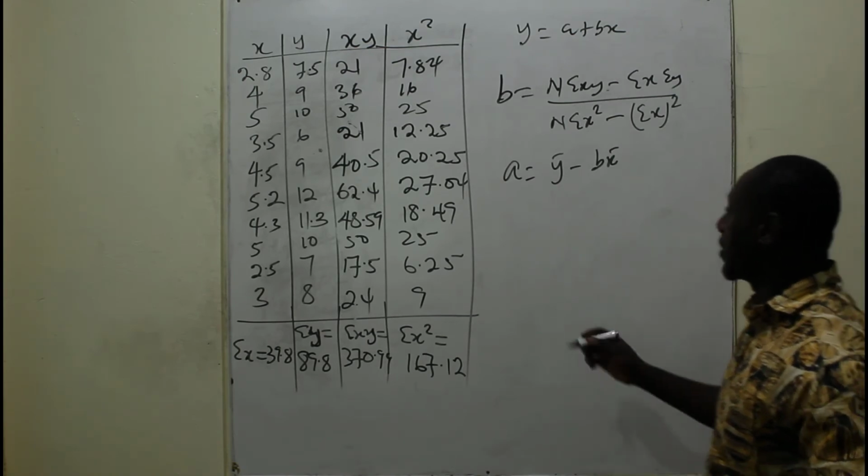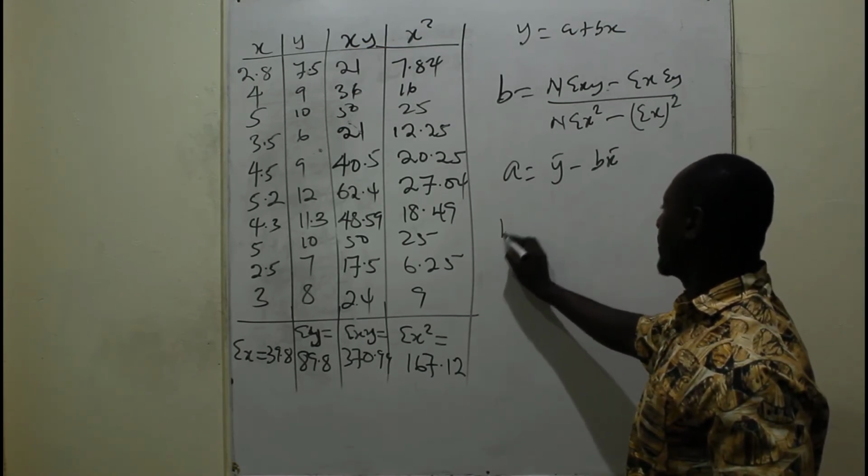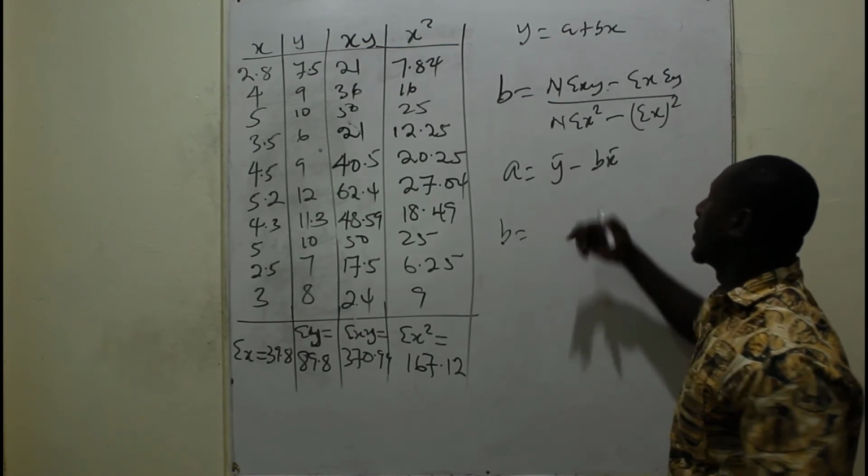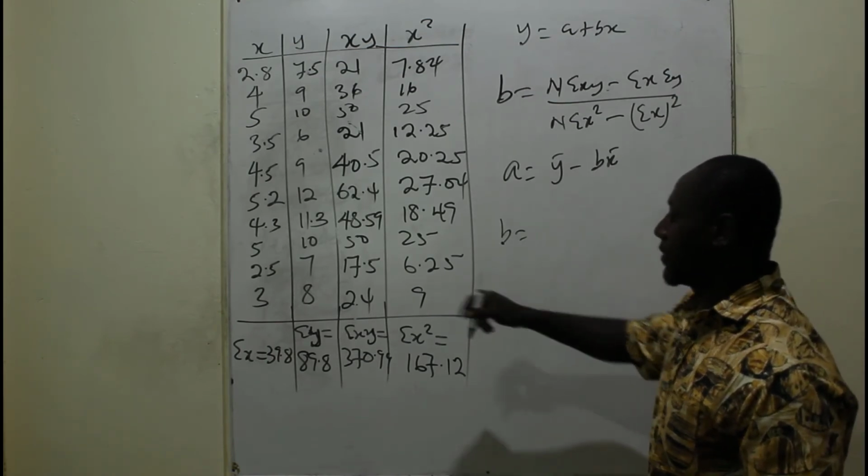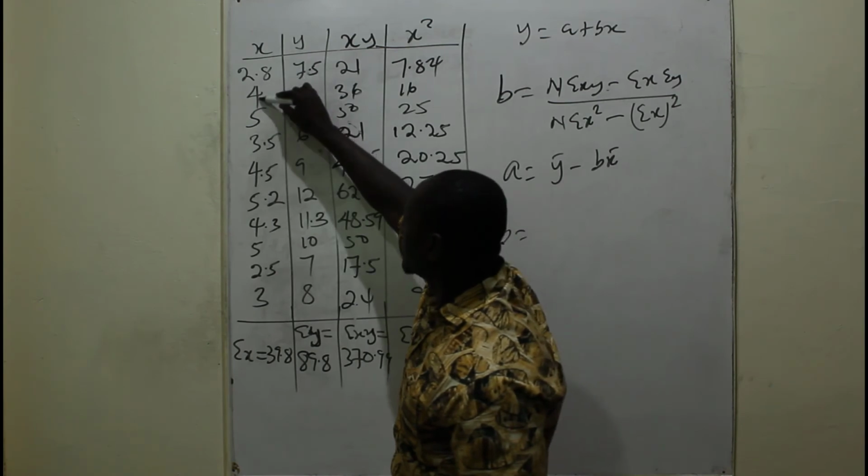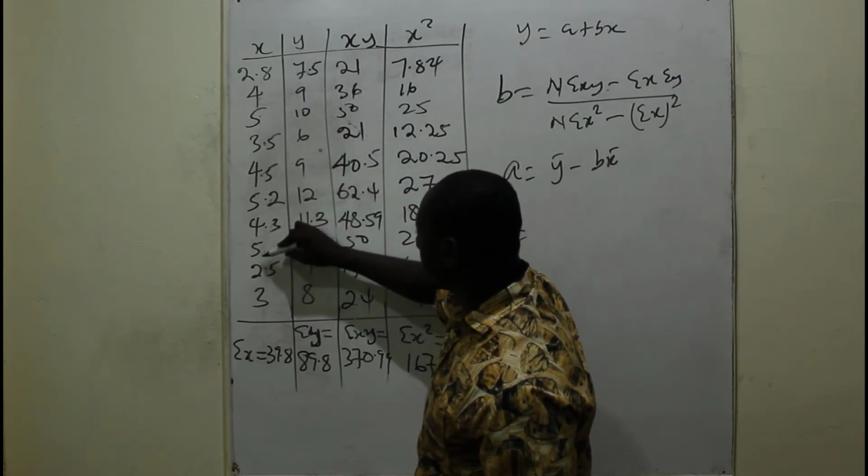So when we come there, B is equal to n times summation of xy, where n is the number of observations. How many observations are here? 1, 2, 3, 4, 5, 6, 7, 8, 9, 10.